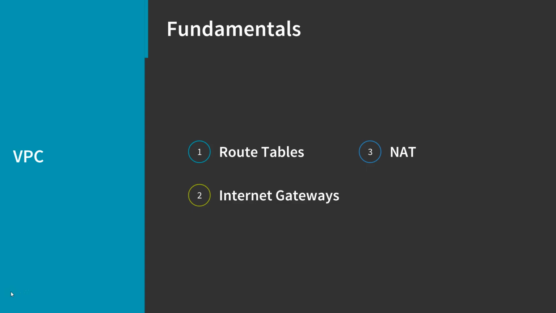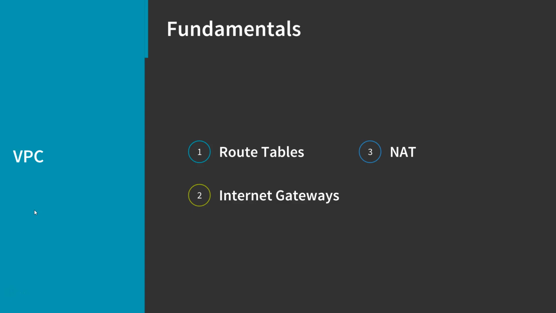Next are Internet gateways, and just like we saw a moment ago, Internet gateways are what make it possible for subnets and EC2 instances to be publicly routable. An Internet gateway is a horizontally scaled, redundant, and highly available VPC component that allows communication between instances in your VPC and the Internet.